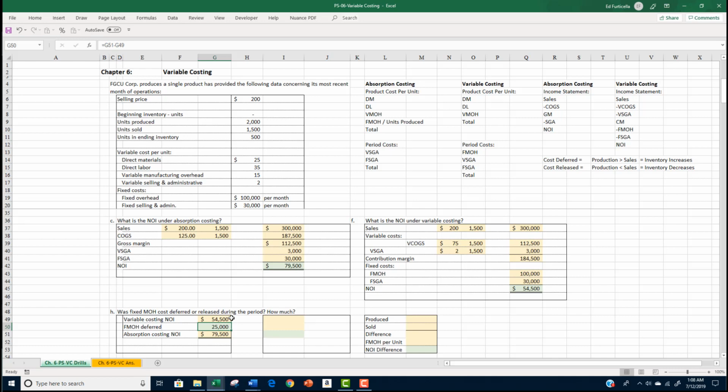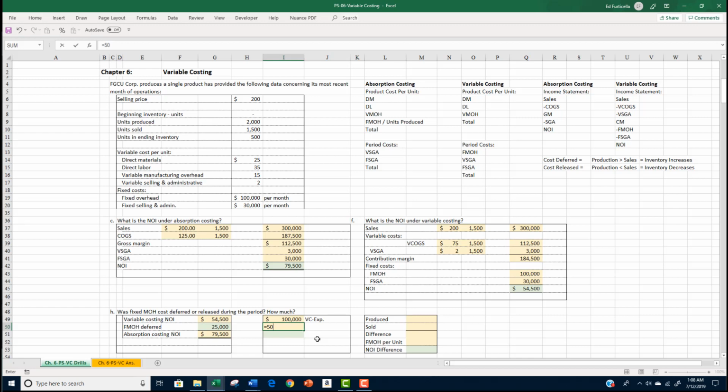The reason for that is the variable costing method expenses all fixed manufacturing overhead. So under the variable costing method, we expensed the entire $100,000 in fixed manufacturing overhead. Under the absorption costing method, we did not. Under the absorption costing method, we took the $100,000, figured out the per unit value of $50 per unit, and then we expensed only the units we sold.